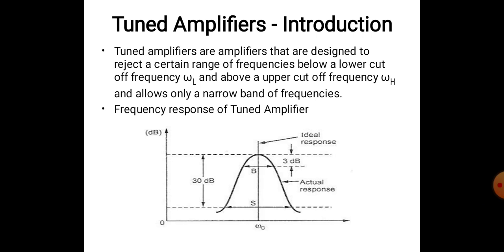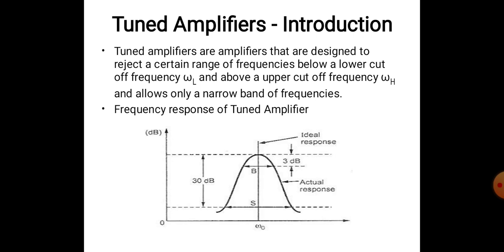As the definition of tuned amplifiers goes, amplifiers which are designed to reject a certain range of frequencies below and above the lower cutoff and upper cutoff are said to be tuned amplifiers, and they allow only a narrow band of frequencies.